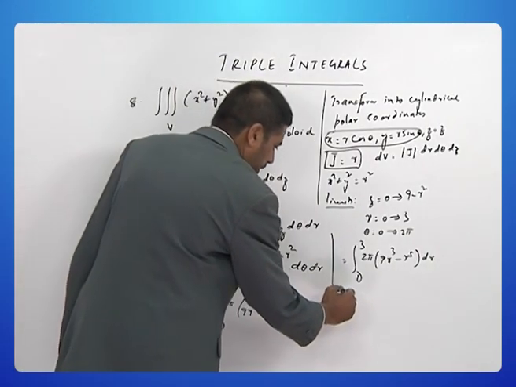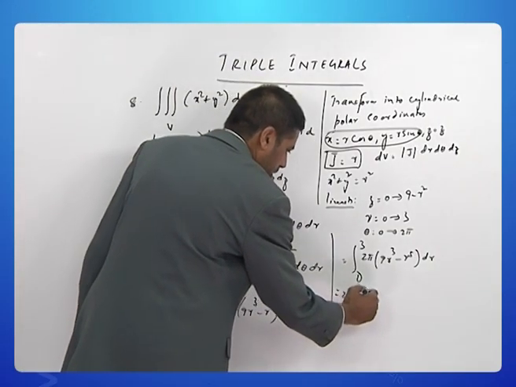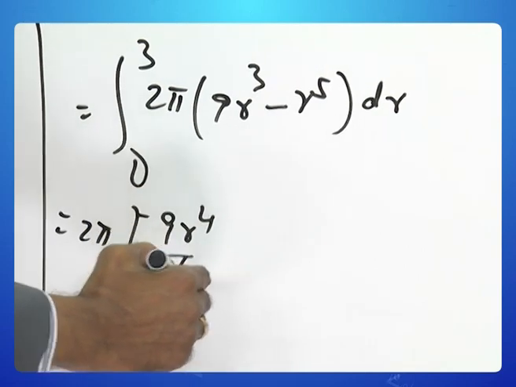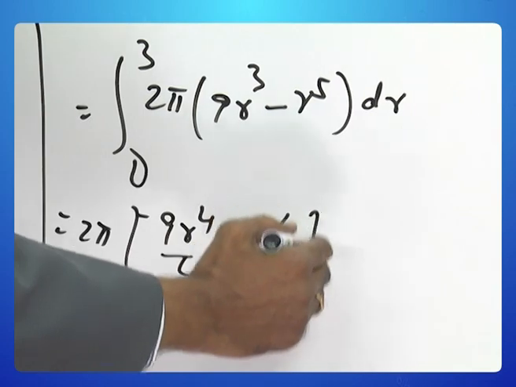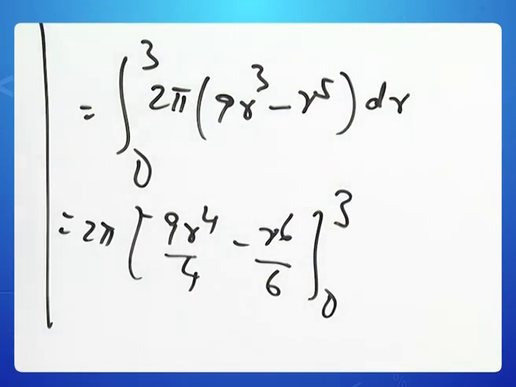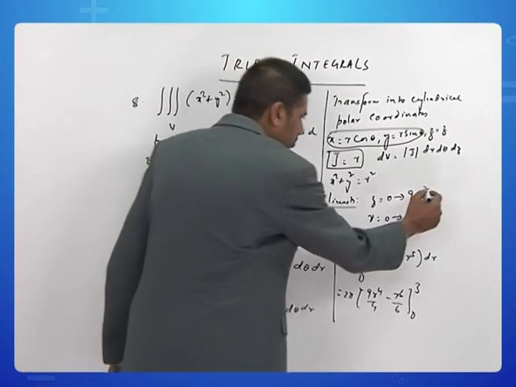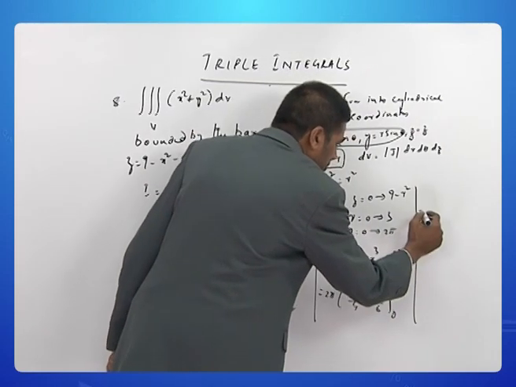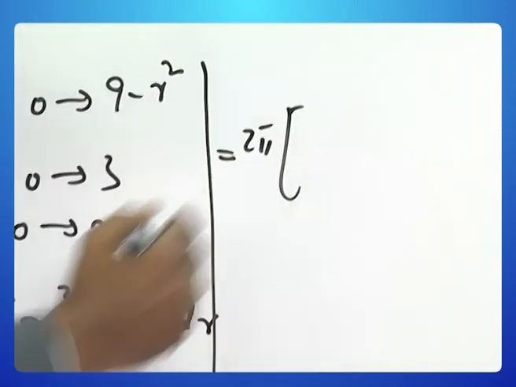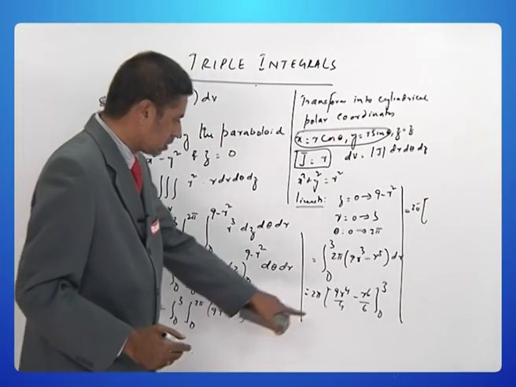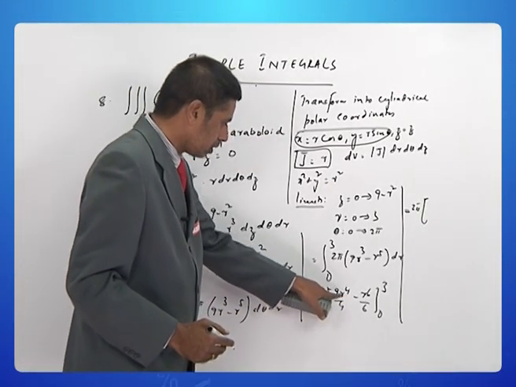So this will be 2 pi into 9r power 4 by 4 minus r power 6 by 6 from 0 to 3. So this will be nothing but 2 pi, this will be 3 power 4 into 3 square.